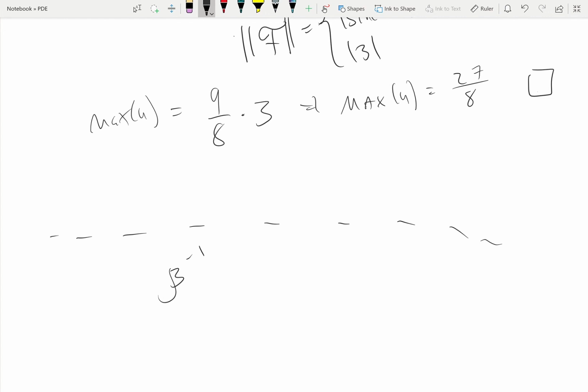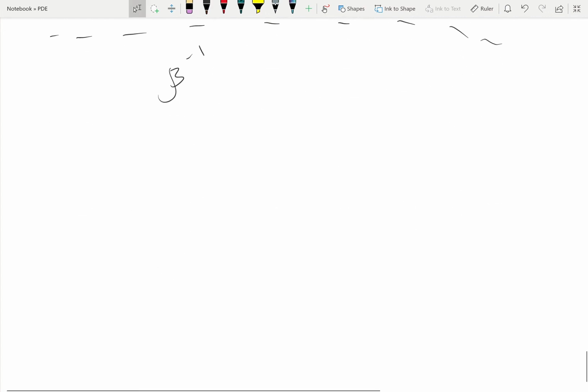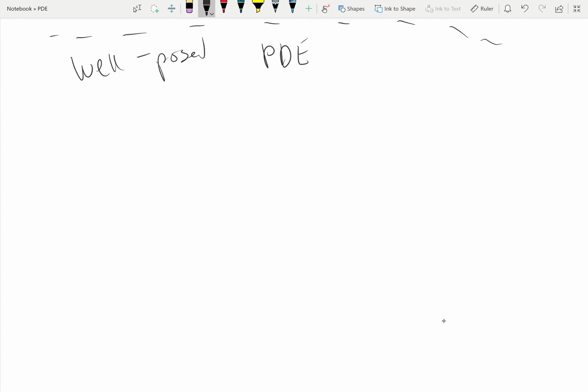But the strength for well posed PDEs is that they have unique solutions. That is what it's trying to say. If you could prove through this theoretical concept that your PDE and boundary conditions, the set is well posed, then there's a unique solution and it exists.